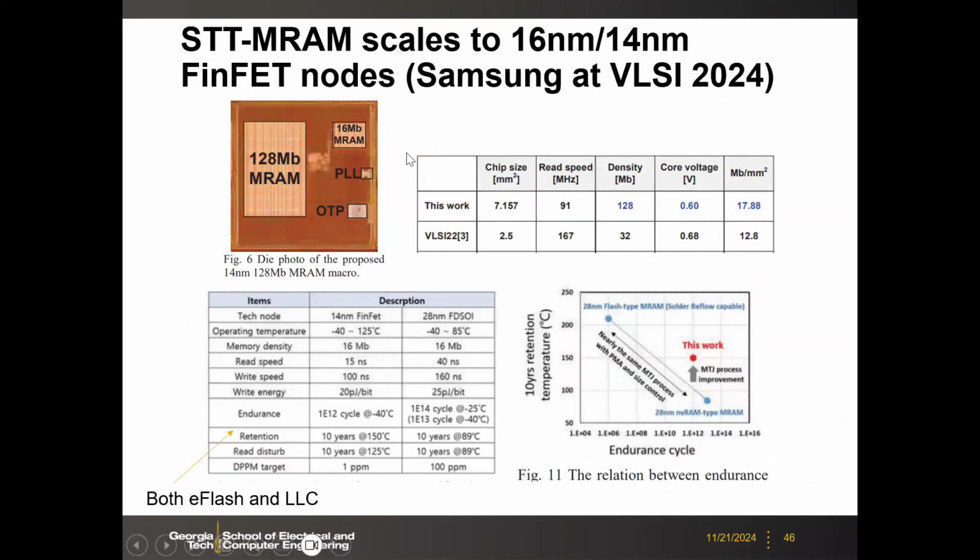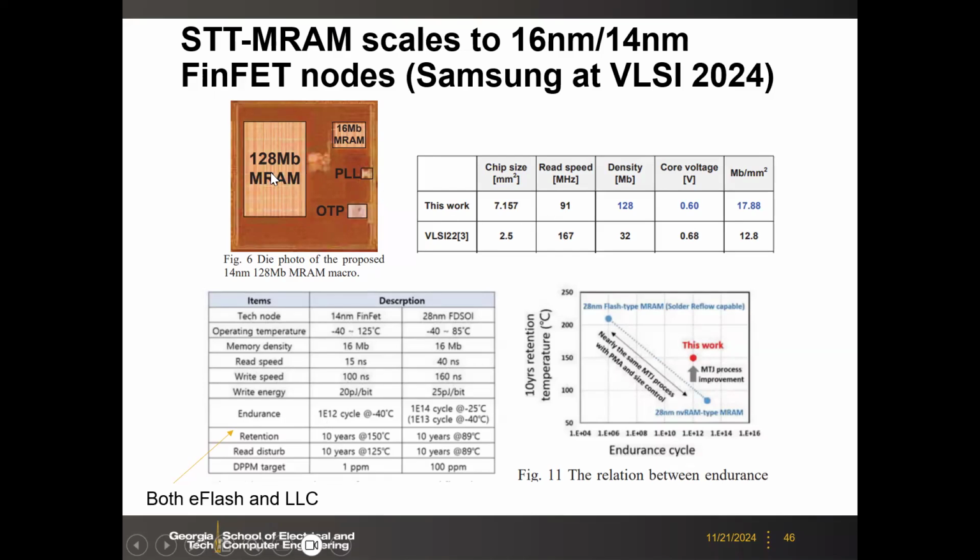And Samsung also showcased their 14 nanometer MRAM. If I recall correctly, in this work, to my surprise, Samsung seems to have managed both eFlash and the last level cache within the same platform.